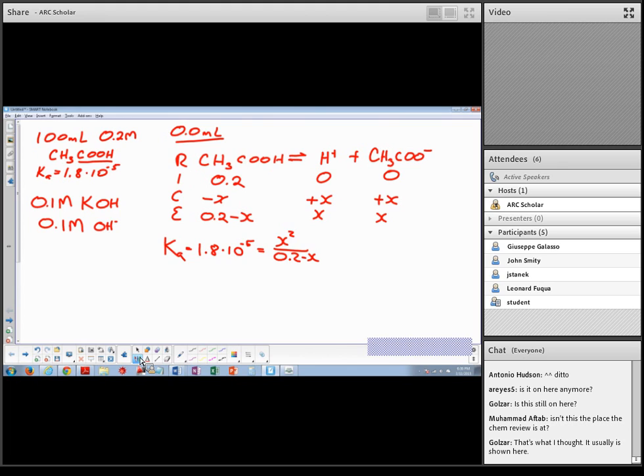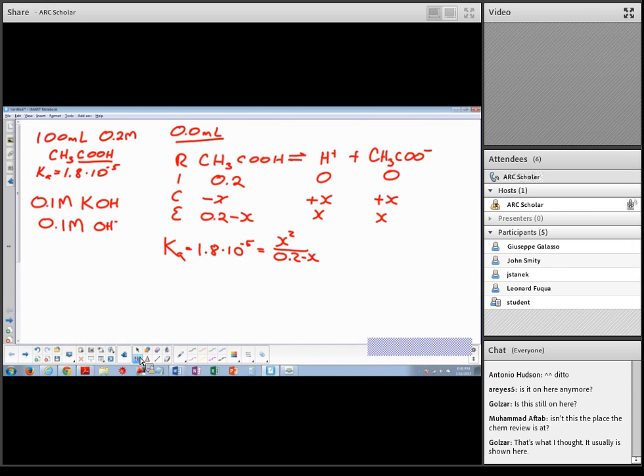I emailed Dr. Hawk, and he said one of the things that people were getting confused about was this minus x part, because one of the assumptions you can make is you can ignore that x. And so we need to know when we can ignore that x.